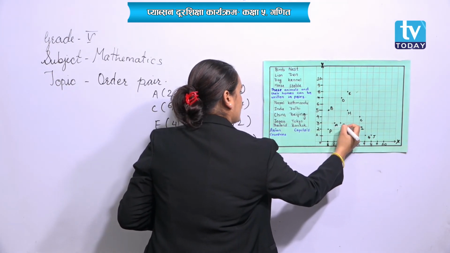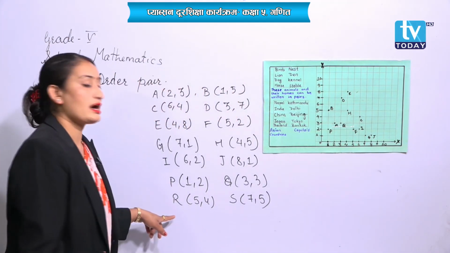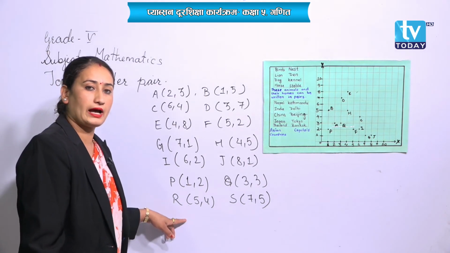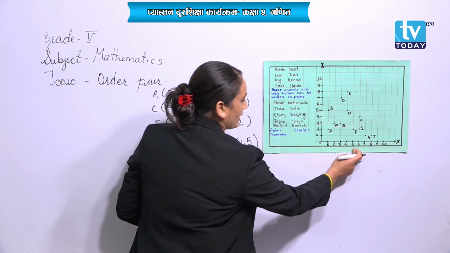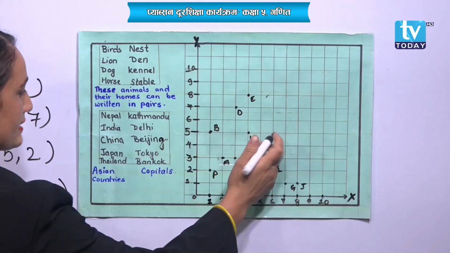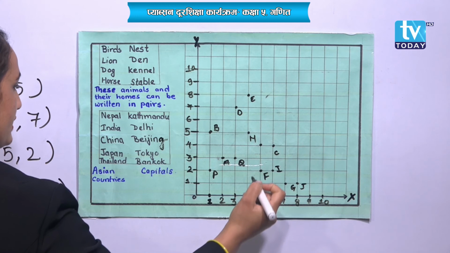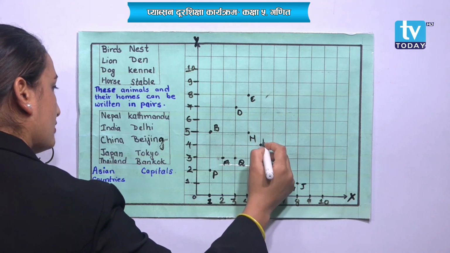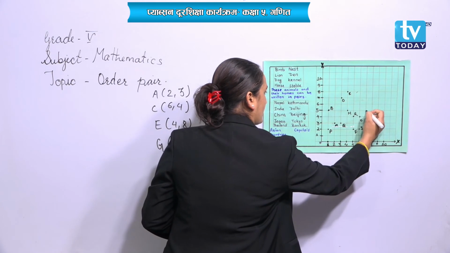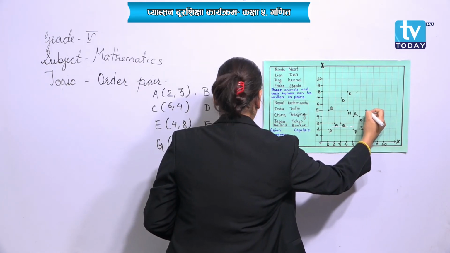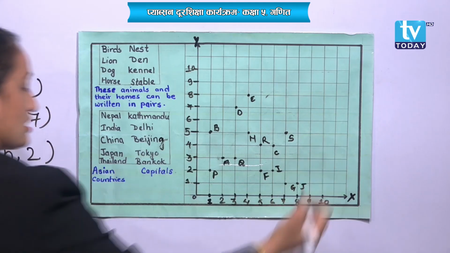Then it's Q. So R (5, 4). Let's go over here. 5. Go upper side. It's 4. That means it's R. Now (7, 5). Where is it? (7, 5). It's here. So we call it S.